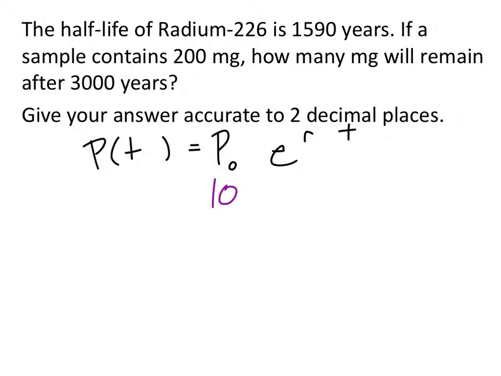Now notice there's no label on the formula, which is good. So you could say 10 grams, kilograms, pounds, tons, whatever. In any case, it's just 10. And this is going to be multiplied by e to the power of my rate multiplied by the time. Now we're finding the rate, and we know the half-life on this thing, right?